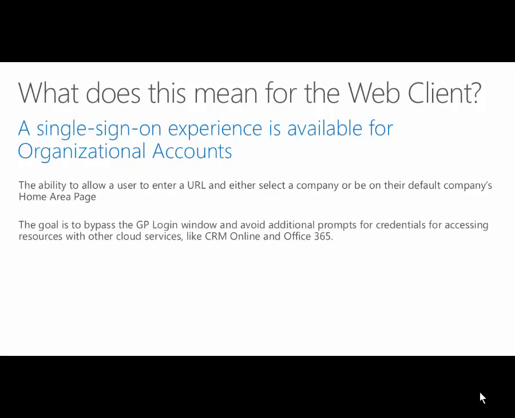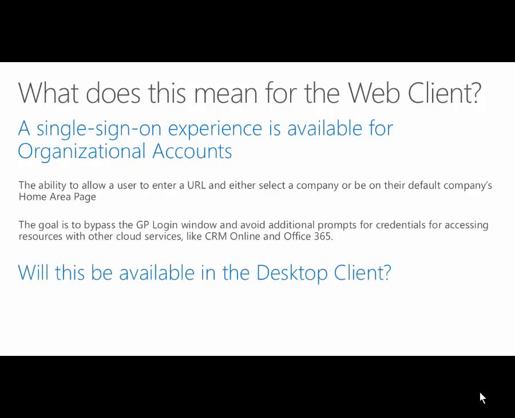So once again, the ultimate goal is to bypass that GP login window, and also with organizational accounts now, to avoid those additional prompts for creds for accessing resources on other cloud services like CRM Online and Office 365. So will this be available in the desktop client? No, this will actually only be available on the web client.